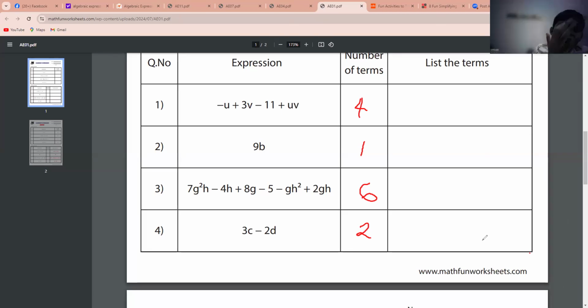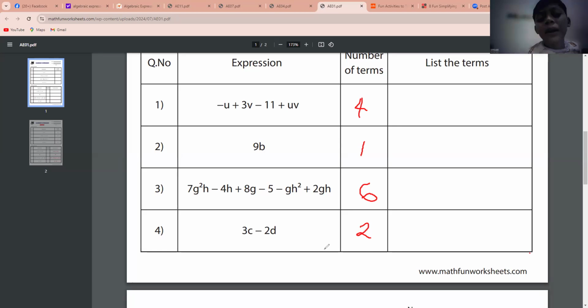The list is the same: 1 is 4, 2 is 1, 3 is 6, 4 is 2. But we were asked to list all the terms. Those that you have already counted are the ones you are going to list. So who can try to guess what the terms are?